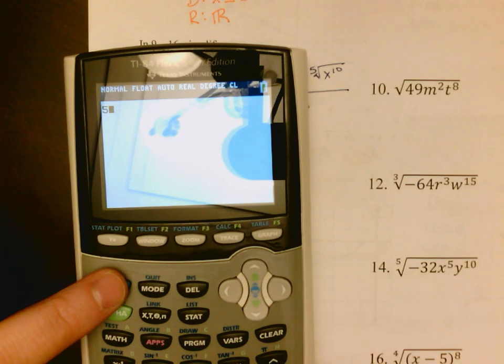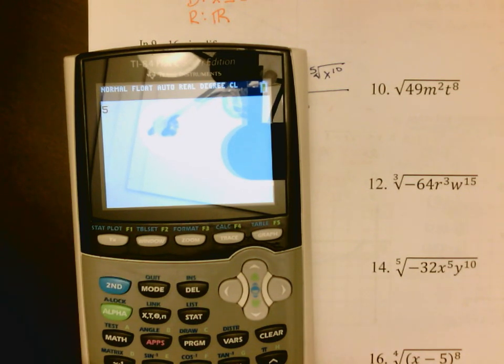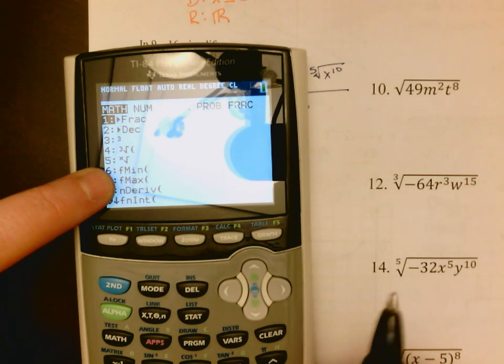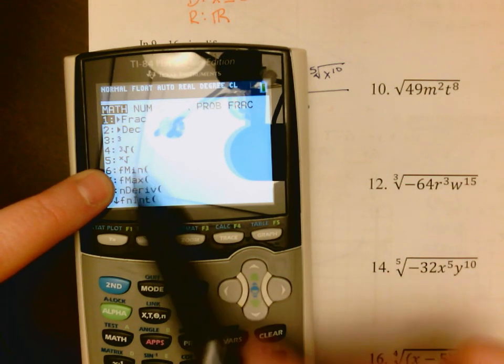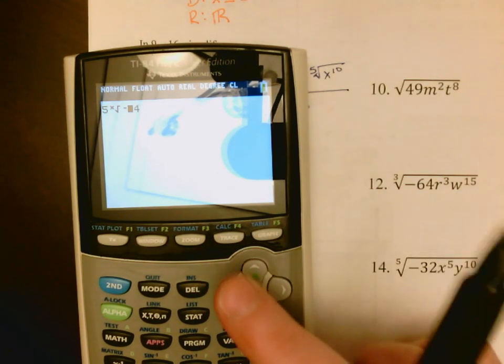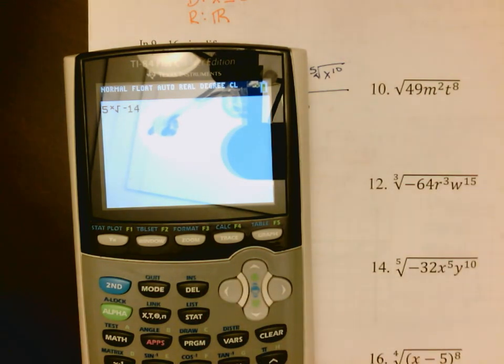So math, then choose the option 5, the one that has the x times the square root. And I type in negative 1024. Oh, come on, calculator. 1024. It shows me -4.